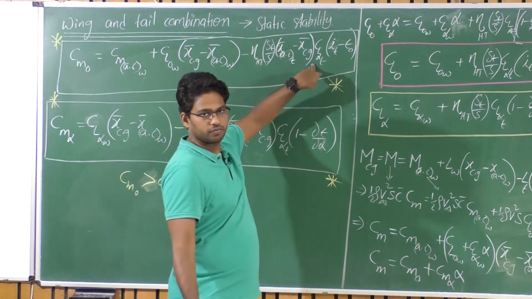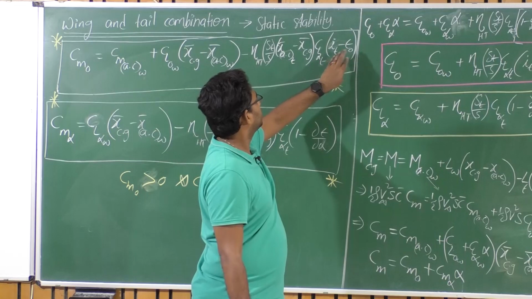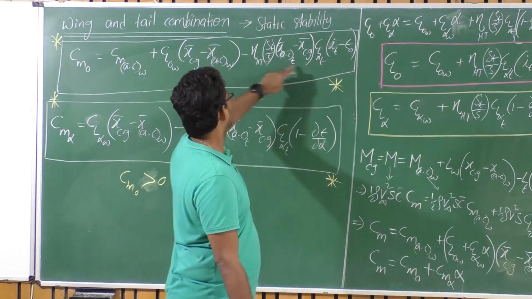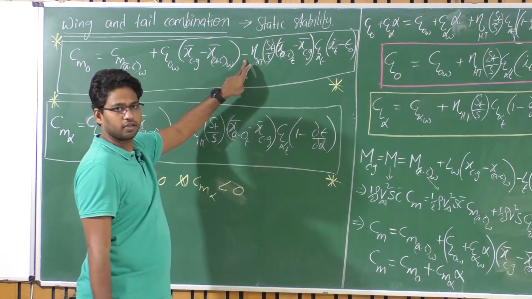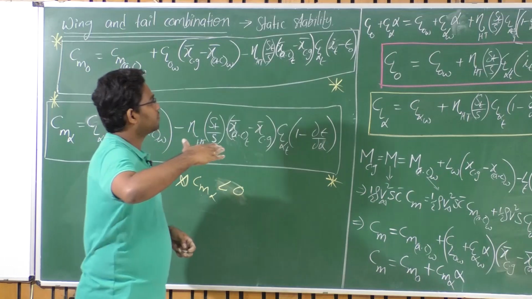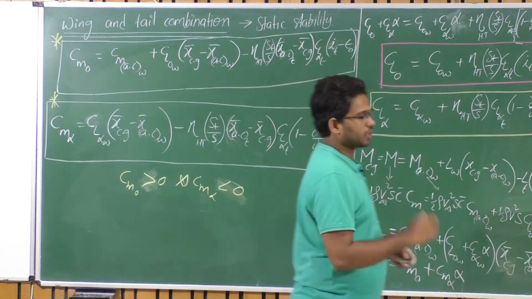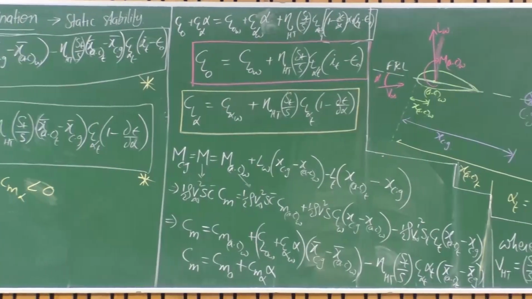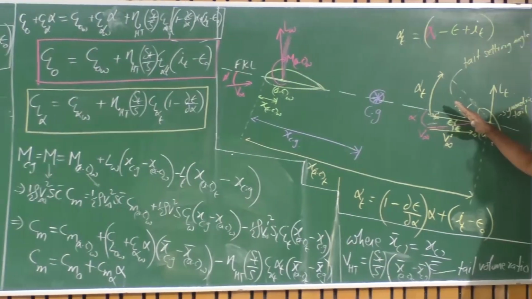CL alpha, of course we know it's positive. So it of t minus epsilon naught. Epsilon naught is positive. So if it of t is negative, this entire term will be negative times minus negative, so it contributes towards pitch up moment. That means it of t, you need to have a negative setting angle. What does it mean? So it of t is positive above, when inclined above the fuselage reference line.